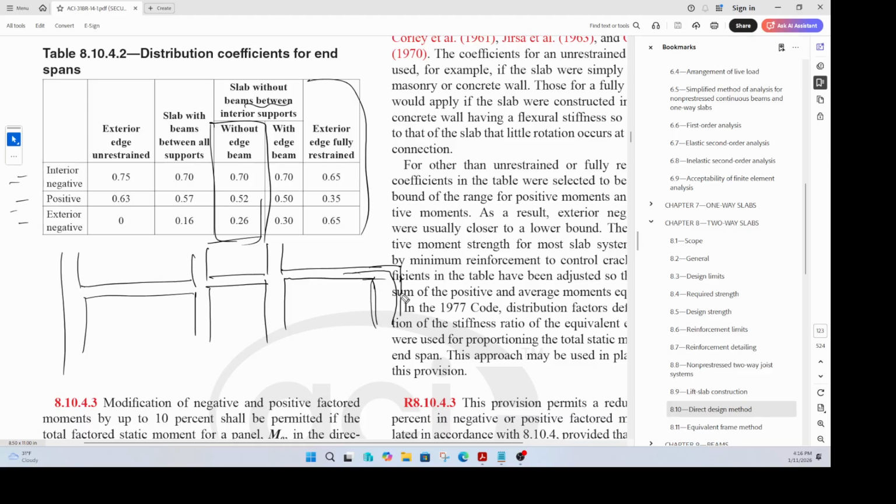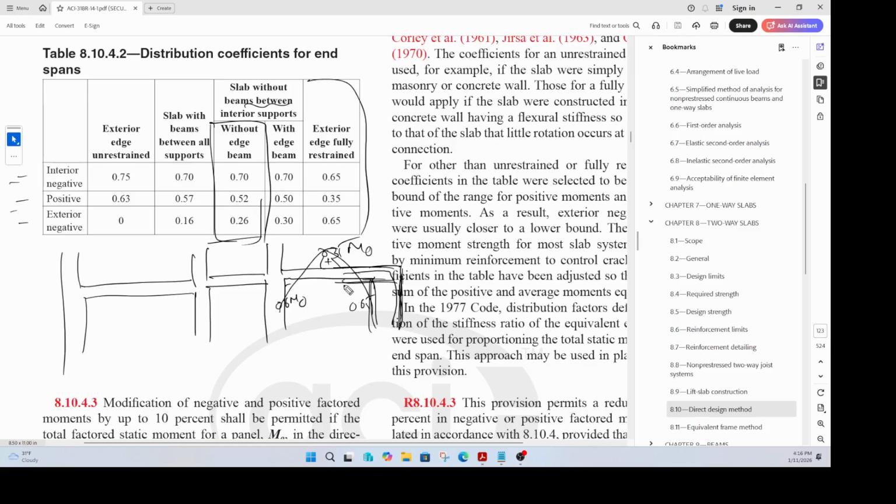I mean, the stiffness of the column here is equal to or greater than 8 times the stiffness of the slab. Then that's when you consider this as an exterior fully restrained. And in that case, interior negative is 0.65 M naught, positive is 0.35, exterior negative is 0.65 M naught.